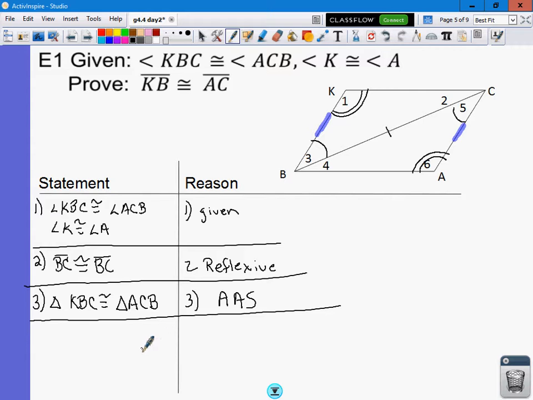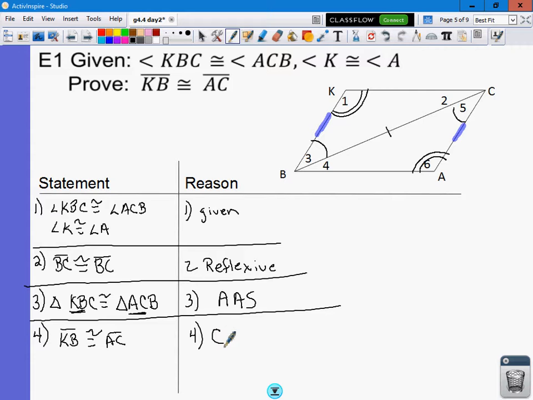I'm not quite done. I had to show that these two triangles are congruent before I could state that these two are congruent. Please notice, KB, the first two letters of the triangle. AC, the first two letters of the triangle. In other words, they're in the same corresponding place, aren't they? What do we know about corresponding parts of triangles?